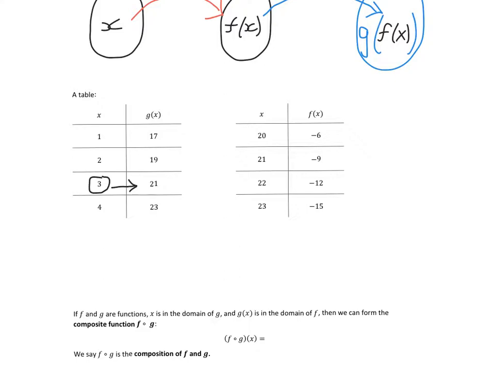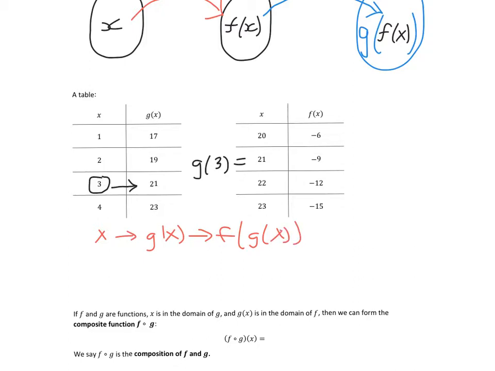And so now g of 3 is 21, and then if we apply f to that, we would get -9. All right, so our process is we go x to g of x to f of g of x.